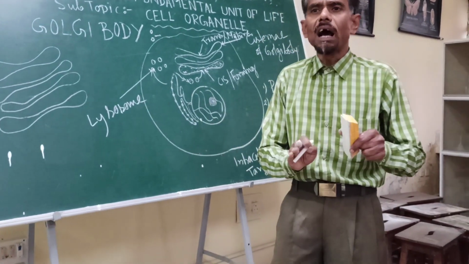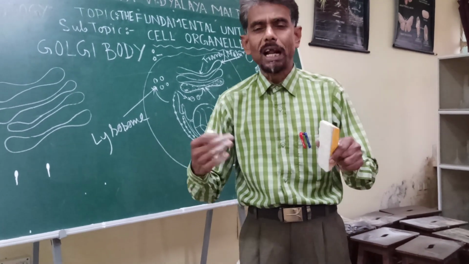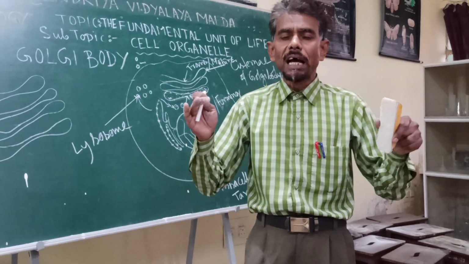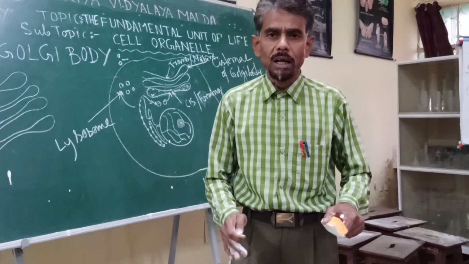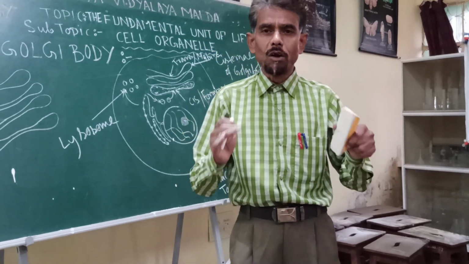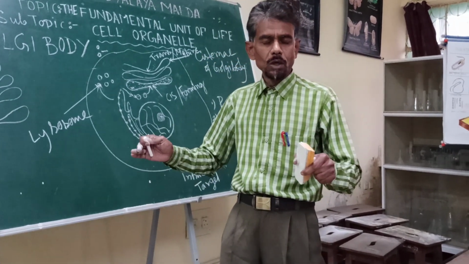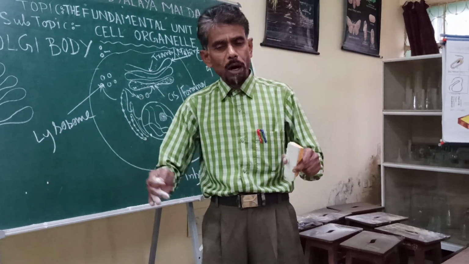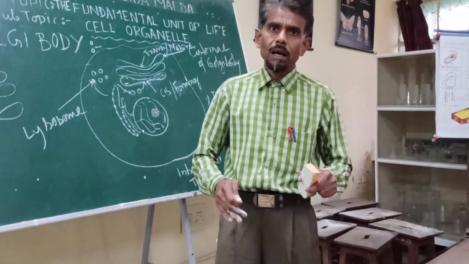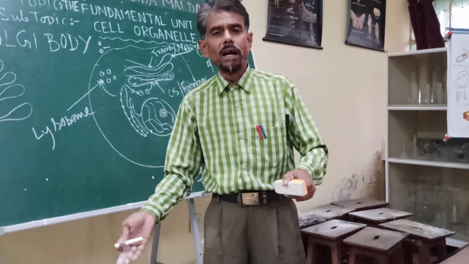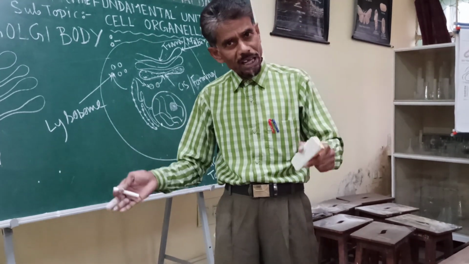These proteins are in the form of enzymes, or rather to say, it is enzyme. The enzymes are highly hydrolytic in nature. They have the ability to hydrolyze or break down different components, including carbohydrate, fat or lipid, protein, and nucleic acid.